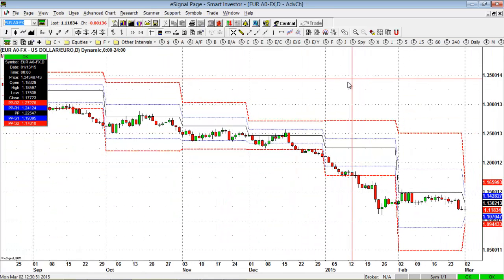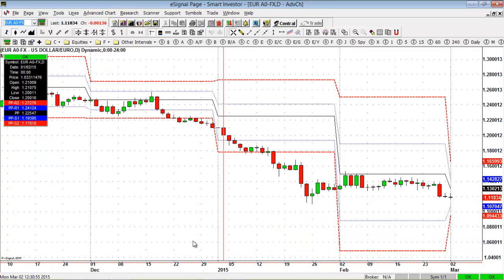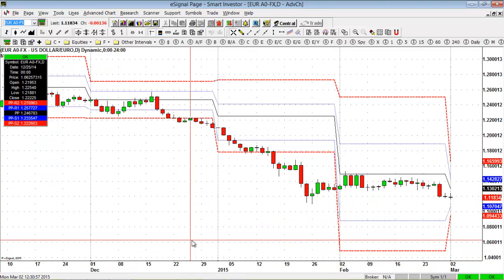Okay, so taking a look at the pivot points for the month of March, these are the pivot points. This is the R2, this is the R1, we have the central pivot point, we have S1, and we have S2.